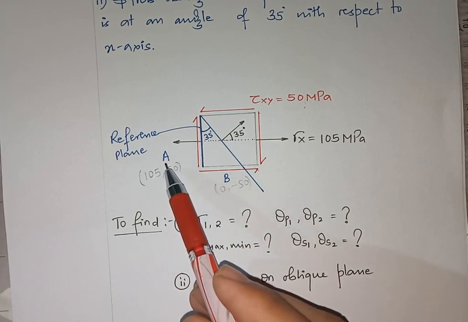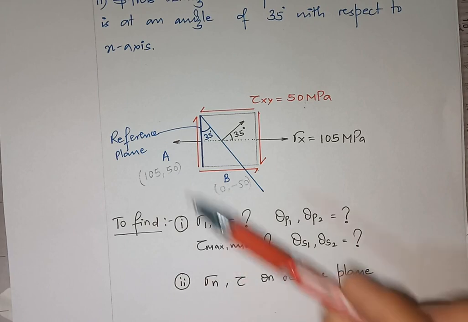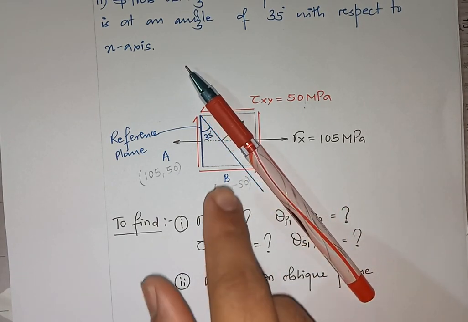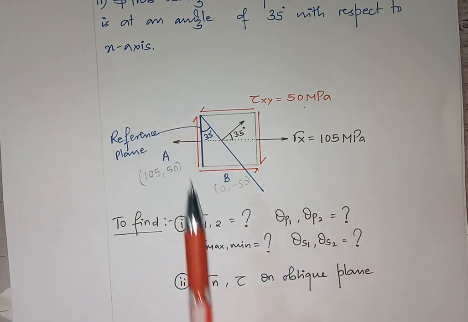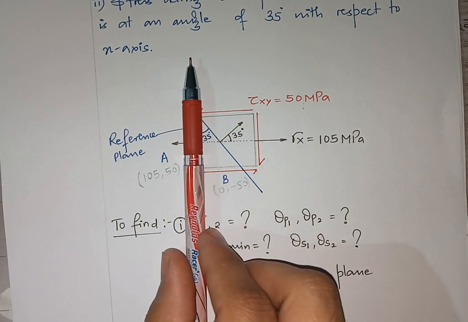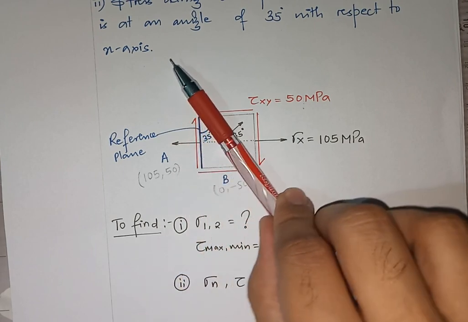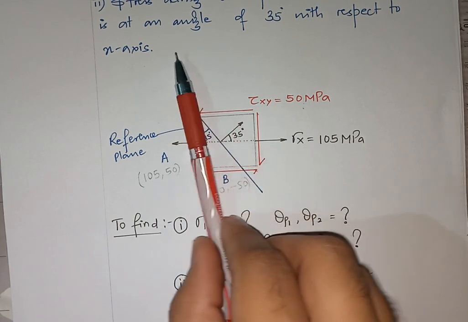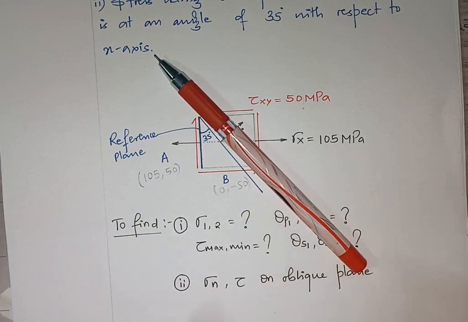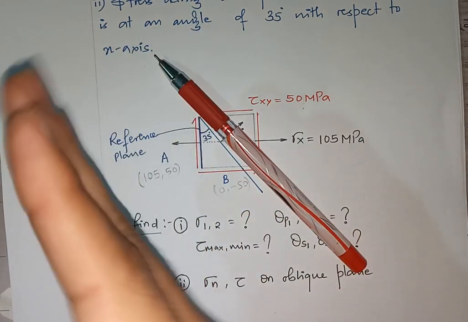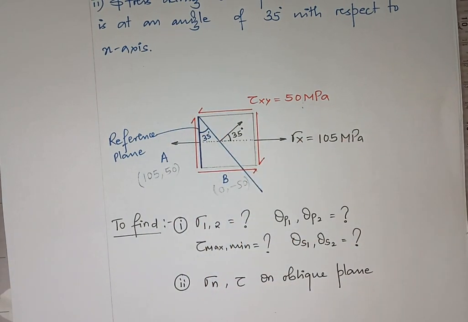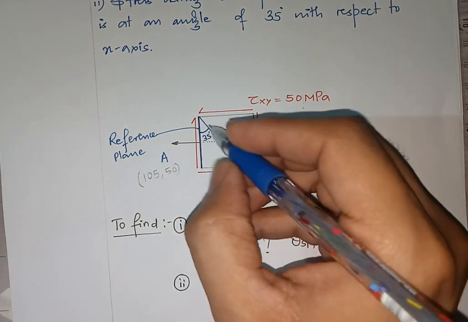So from A, I need to draw this oblique plane. In order to draw this oblique plane from this plane A, initially it was here. Now if I rotate this in this direction, I will arrive at oblique plane. So what is this direction? This direction is anti-clockwise.